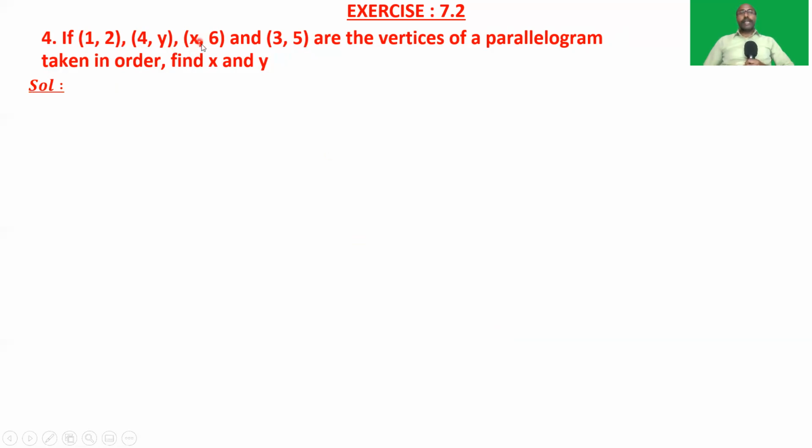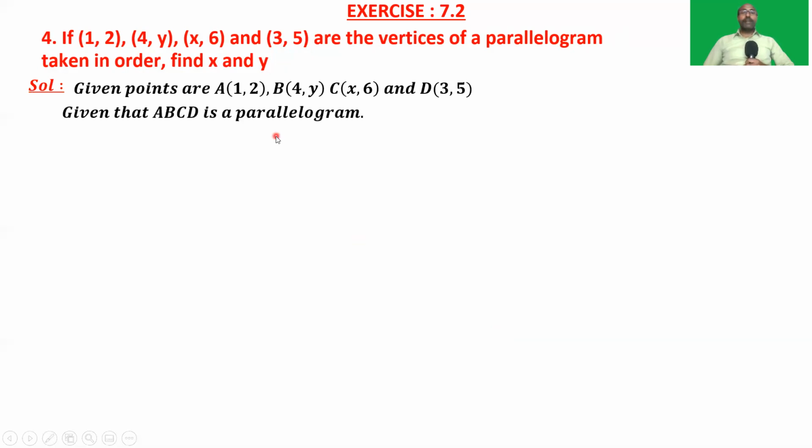So we have to find the values of x and y here. So let us take the points A 1 comma 2, B 4 comma y, C x comma 6 and D 3 comma 5. These are the vertices of a parallelogram, that is ABCD is a parallelogram like this.